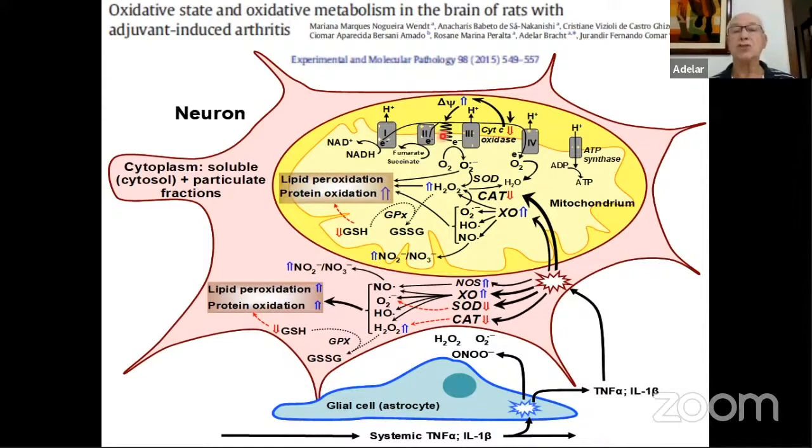But here we have also measured the transmembrane potential of the mitochondria, which is increased, a fact that certainly contributes to the increased production of reactive oxygen species, which lead to lipid peroxidation, protein oxidation, modifications in the level of GSH, which is a decrease in this case, and modifications in the nitric oxide concentration. The basic mechanisms are always the same.